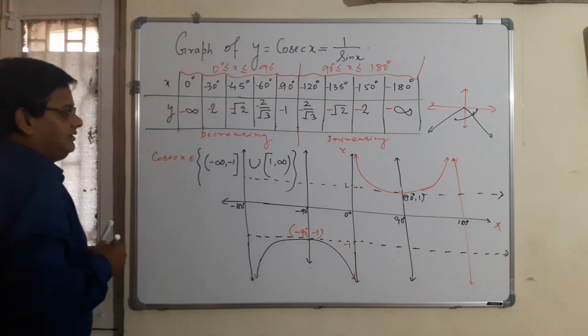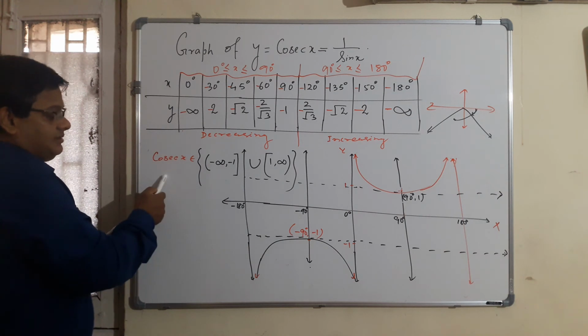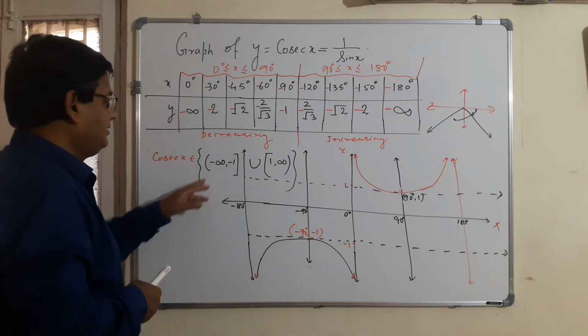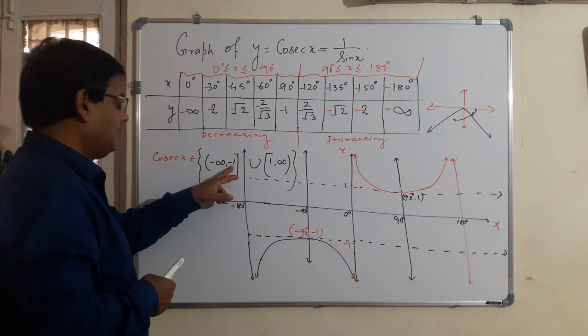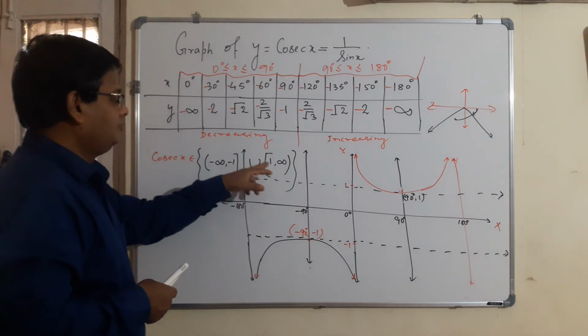So this is the range of cosec x. The range of cosec x is minus infinity to minus 1 union 1 to infinity.